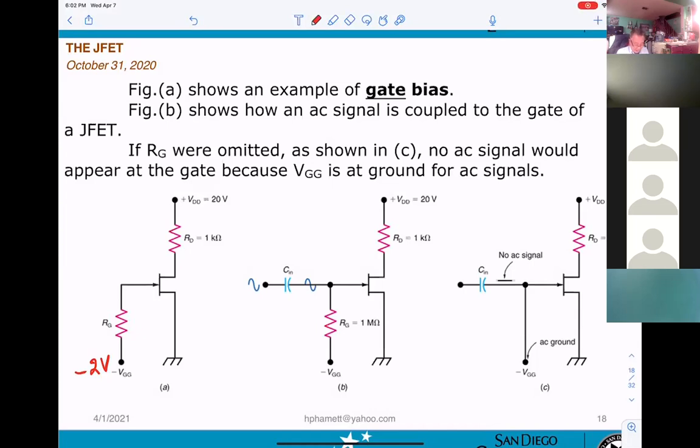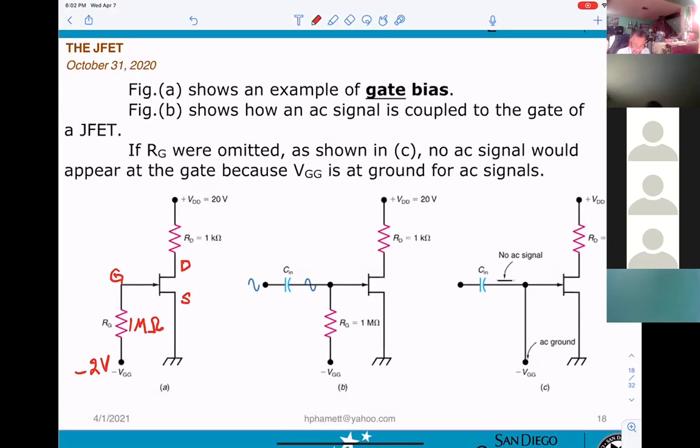But the way is different. The first way will be fixed bias. Now if I give you an example, when you look at the gate here, you get a minus VGG, 2 volts for example, and a resistor here, I can give you 1 megohm. This will be the gate, that will be the source, and that will be the drain.